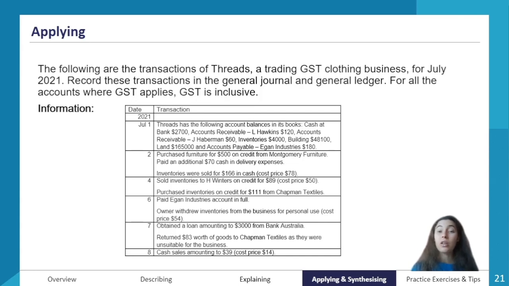So my little trick, again, that I'll mention at the end, is this idea of if it is included, you've got the I for is, and you've got the I for included, and those join together to look like an 11. So if GST is included, like it is in these transactions, then that means you divide by 11 to find the GST component.